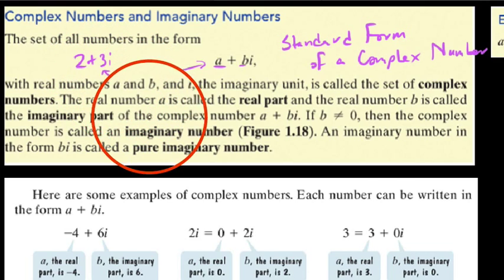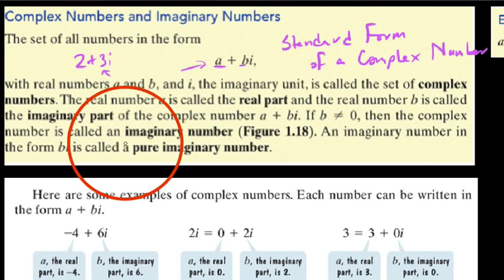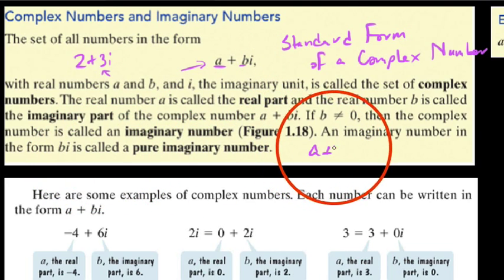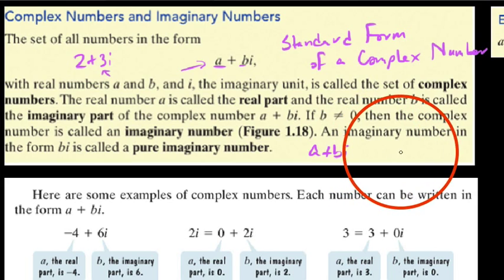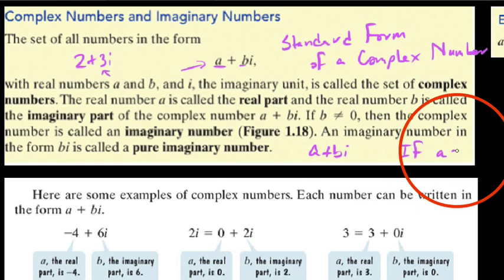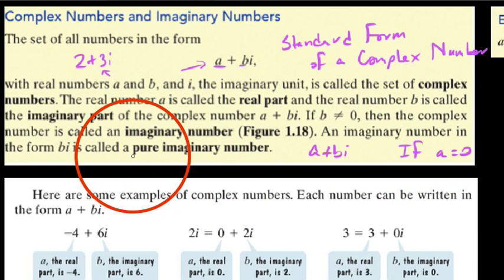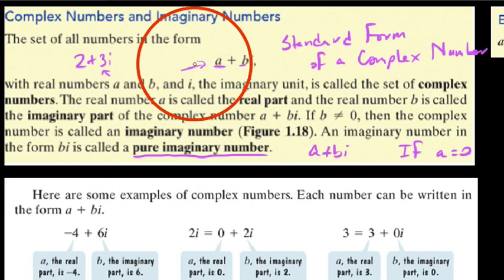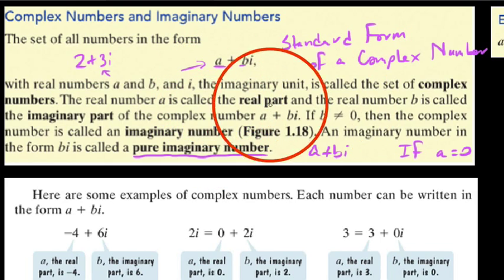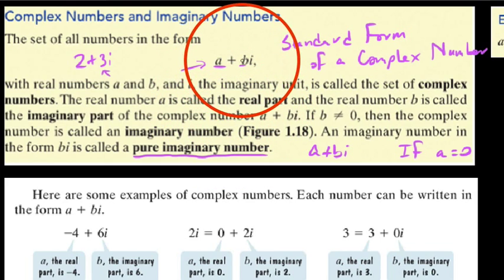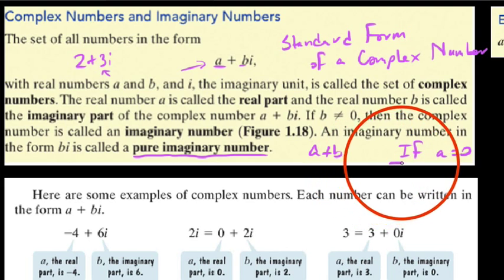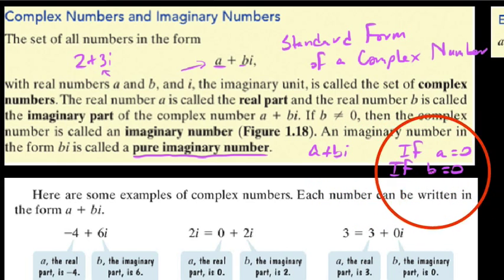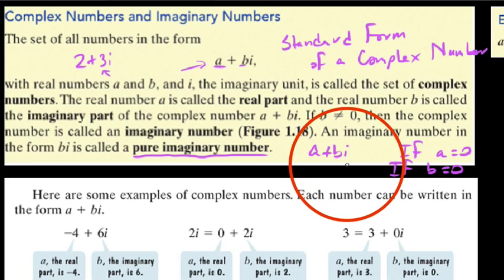What I want to bring up is that if an imaginary number in the form bi has an a part that is 0, if a equals 0, then we say that it's called a purely imaginary number because it completely lacks a real part, okay? Whereas, and they don't list this up here, if the bi part is 0, if b equals 0, then we could refer to that as a purely real number.